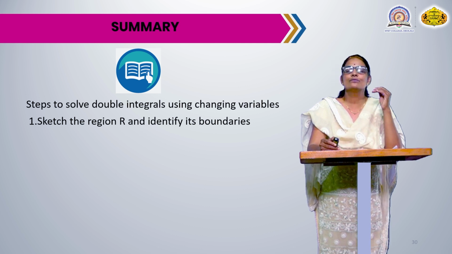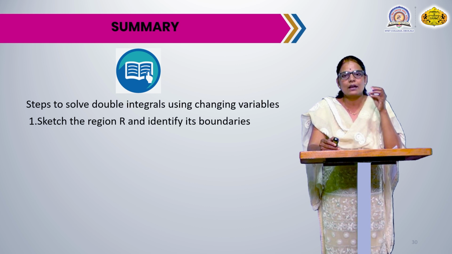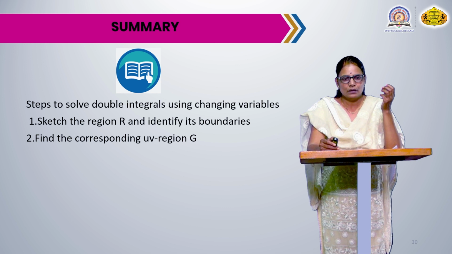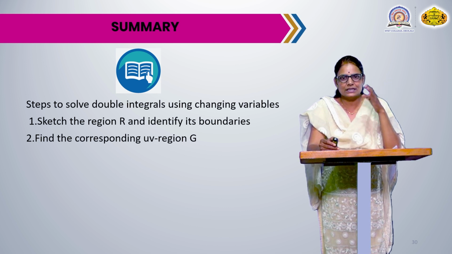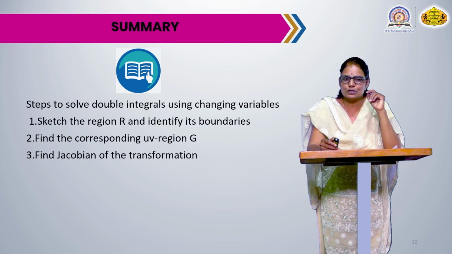Then we generalize the steps. The first step is to sketch the region R in the xy plane and identify its boundaries. The second step is to find the corresponding boundaries, or the region, in the uv plane. The third step is to find the Jacobian of the transformation.